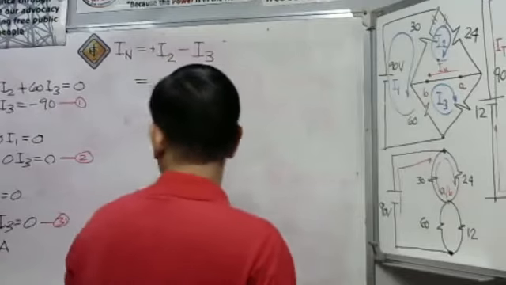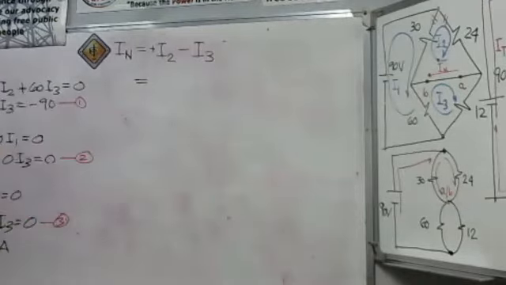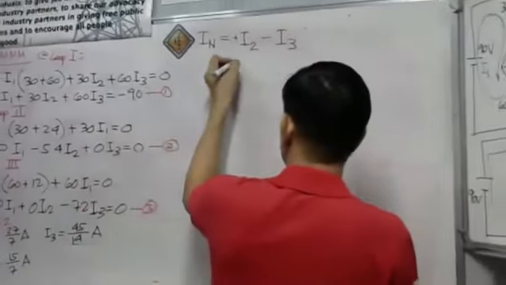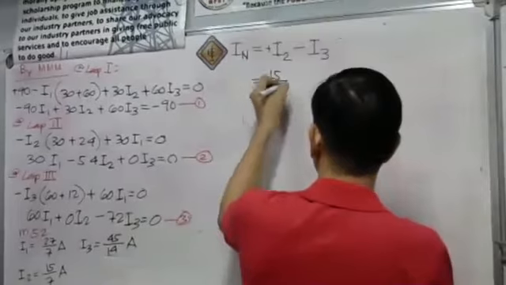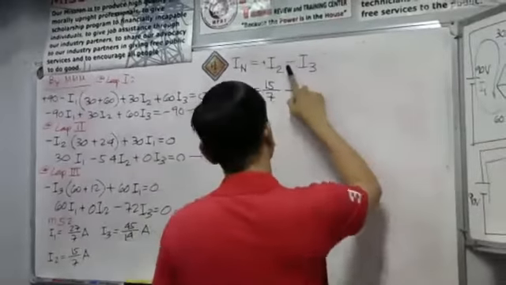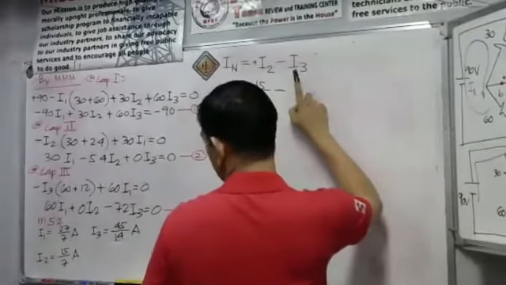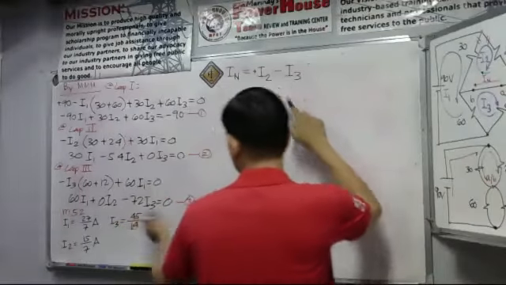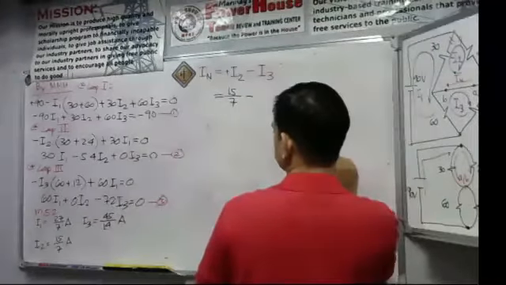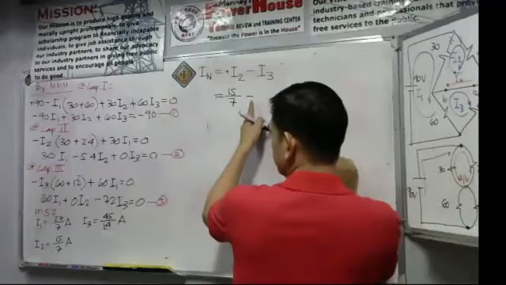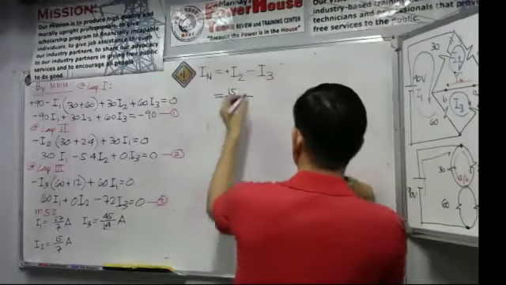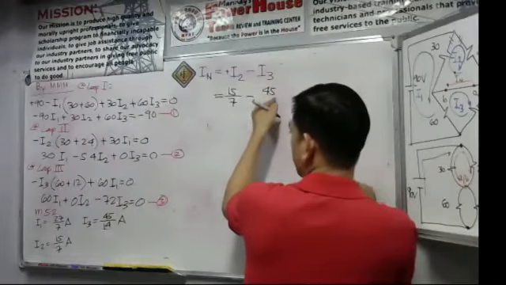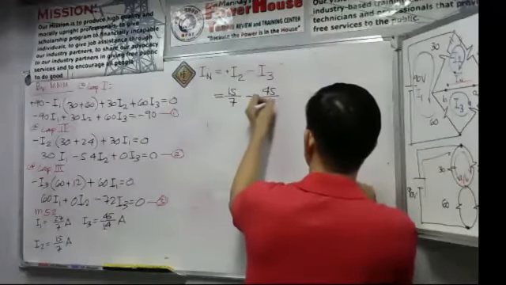Okay, so let us head here. Take a look here, guys. Our I sub 2 has the value 15 over 7, then minus our I sub 3, which is 45 over 14.